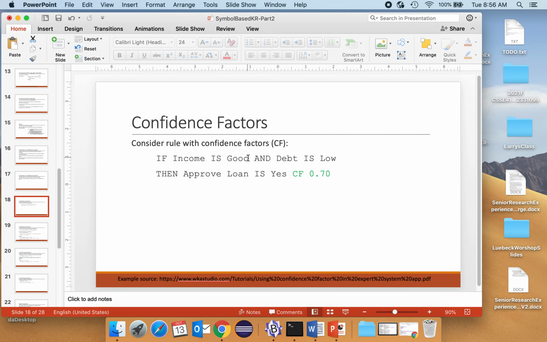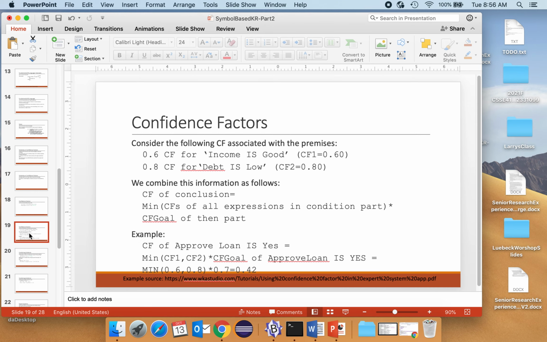How do we know our confidence in them? This confidence factor is for the entire rule, but how about the premises? Suppose that income is good, we're kind of like, yeah, 60% confidence, and debt is low, 80% confidence. So these are confidence factors. How do we combine them?